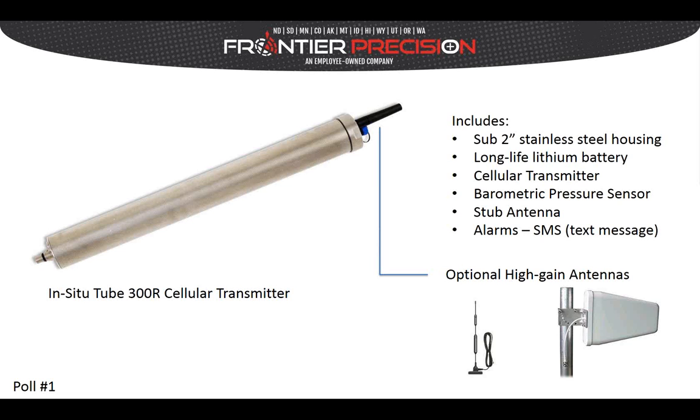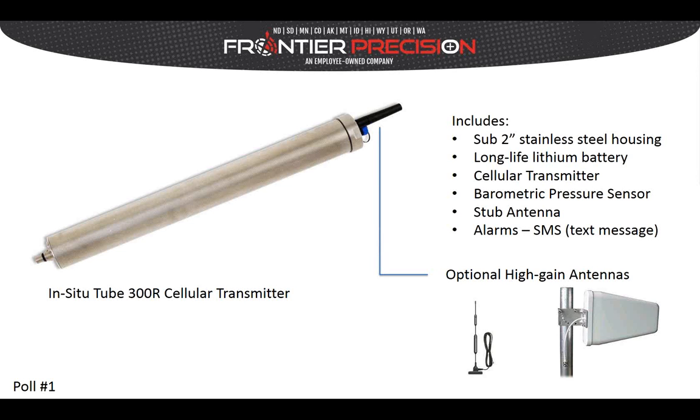I believe the omnidirectional one, shown on the bottom left, is a military grade 6 dB antenna with a mag mount on it. You'll see it comes with a length of external cable. So if you're mounting this tube transmitter down inside the tank and you need to have the antenna exposed on the top, I believe for an additional $45 or $50 you can purchase that antenna and really boost your signal.